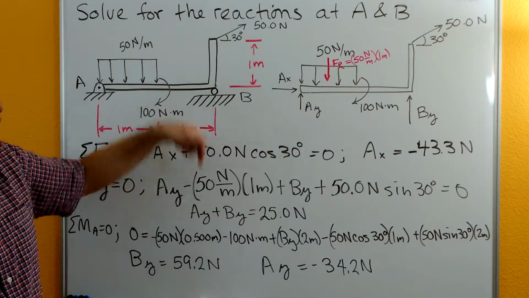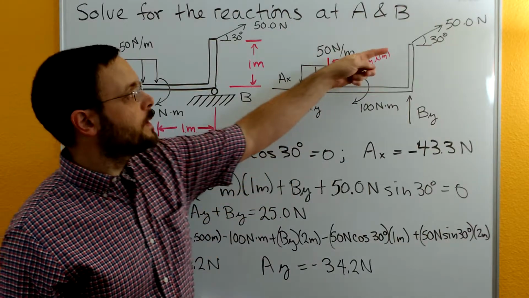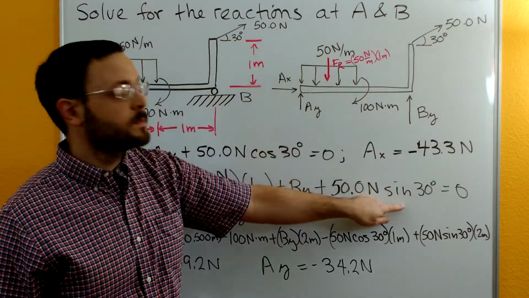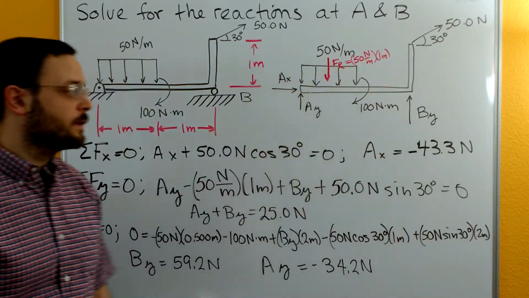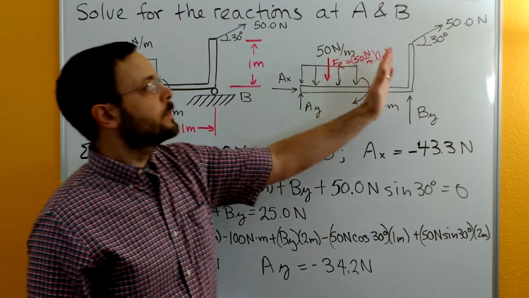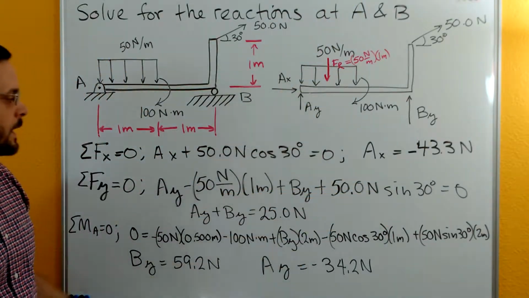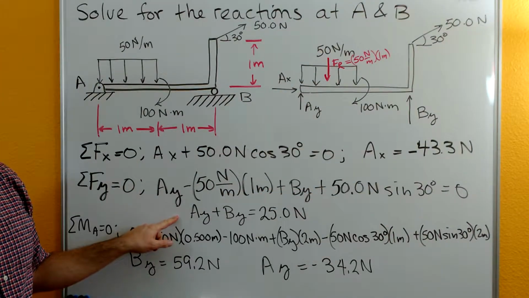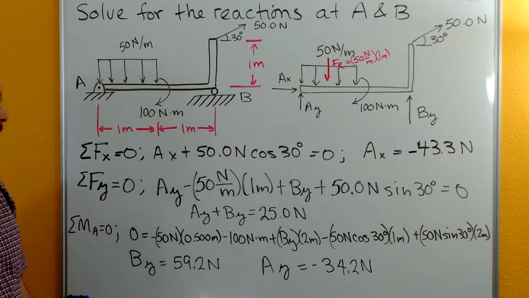It's going in the negative y, so it's negative. And then we have the 50 Newtons here times sine of 30 to give us the y component for this portion at the far end. The y component here is going up, and so it's positive in this equation. So we get AY plus BY is equal to 25 when we get done solving.